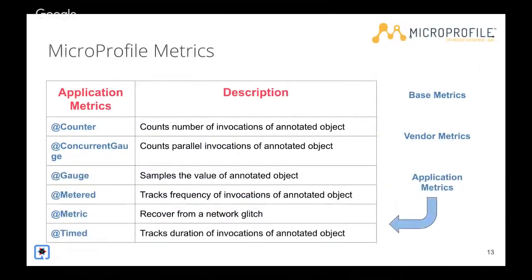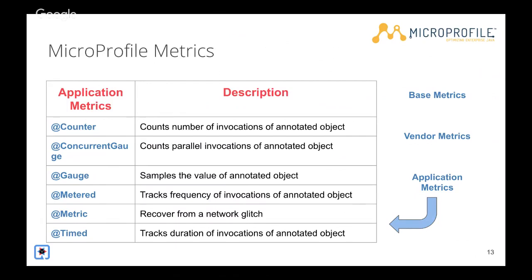So with MicroProfile Metrics, I can actually create custom metrics in my application. And this gives you an idea of some of the metrics that are available. What I'm going to use is that counter. Some of this has changed with MicroProfile Metrics 2.0, but right now we're using MicroProfile Metrics 1.1.